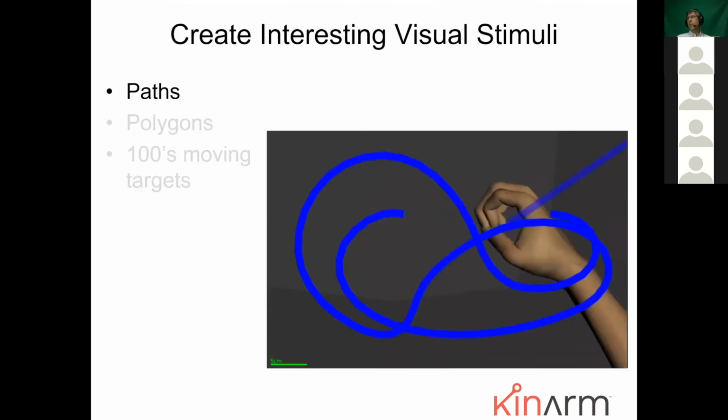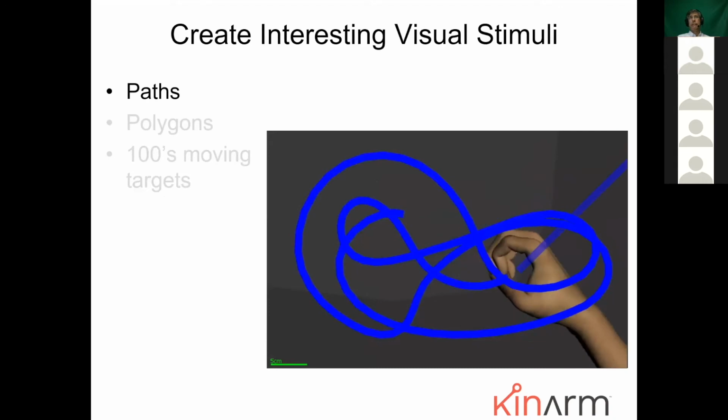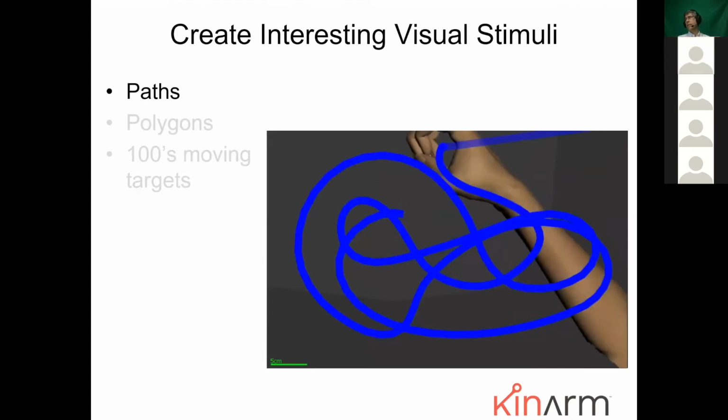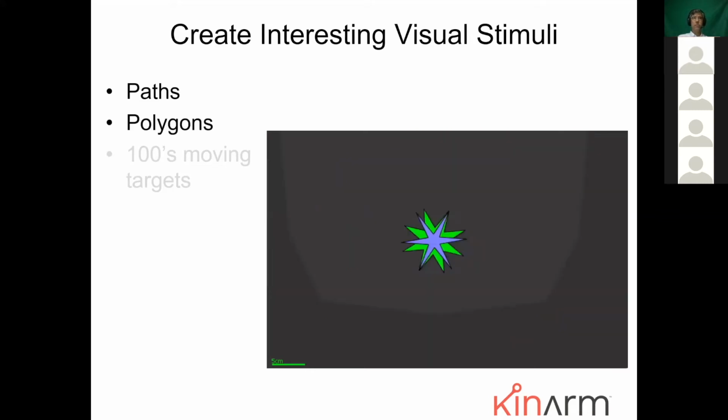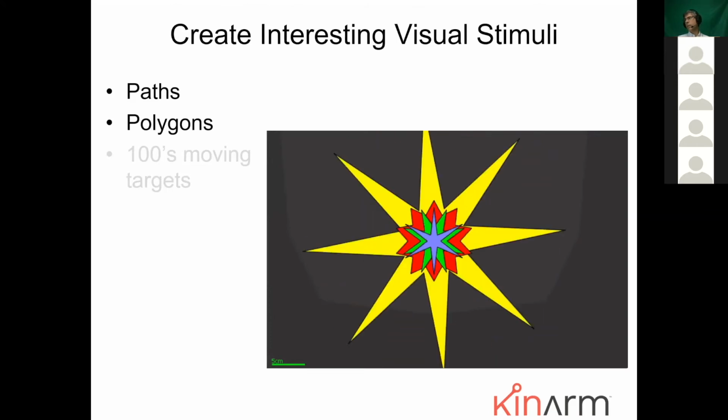Visual stimuli: I've shown some very basic ones like circles, but one example that we enabled a couple of years ago is the ability to create paths. There are thousands of line segments. You can create polygons of up to, I think, about 25 different vertices.